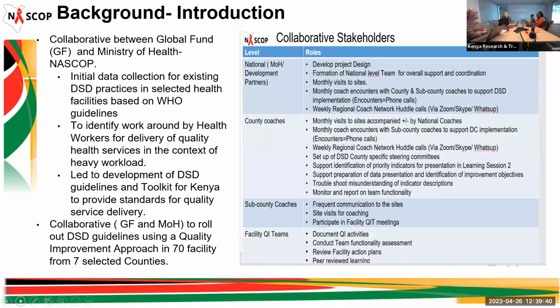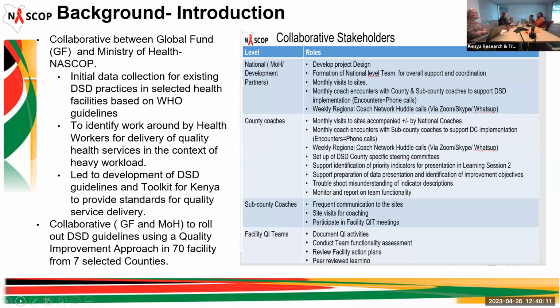Next. So just to give us a background for what happened. In the midst of ART scale up, test and start, which was a policy in Kenya, the Ministry of Health, in collaboration with the Global Fund, collected data initially for existing differentiated service delivery practices in select facilities based on WHO guidance.